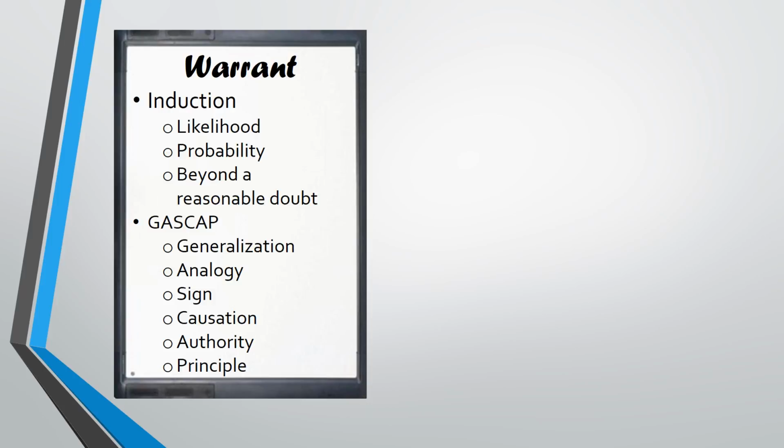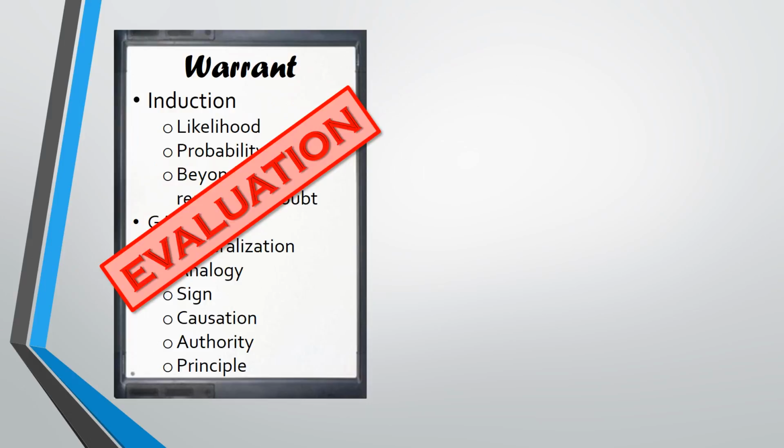What's important here is that you are aware of these different categories of warrant so you can use them to help judge or evaluate whether or not an argument passes the warrant test. But wait, I just said the key issue here is to know how to judge or evaluate the warrant. We haven't really talked about that yet.